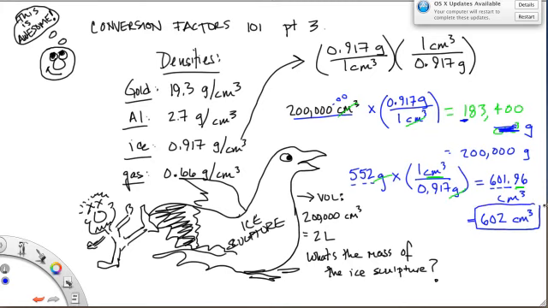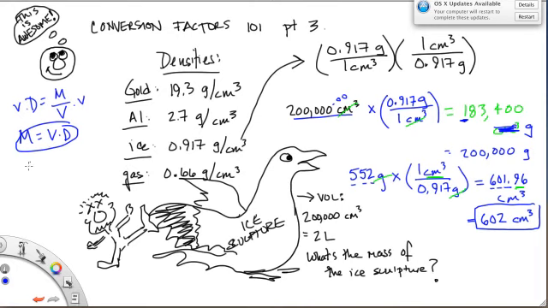Okay. So using densities as conversion factors makes density problems really pretty easy. There is, of course, an alternative way of doing that, and that is remembering that density is mass divided by volume, and of course you do need to know that. And if we want to solve for mass, we'd multiply each side here by volume, and so we'd get mass equals volume times density.